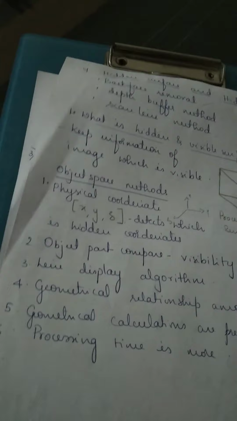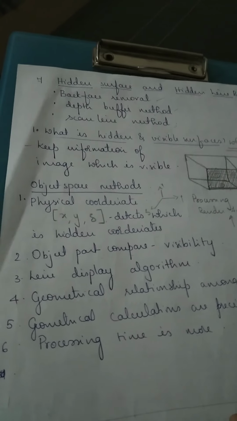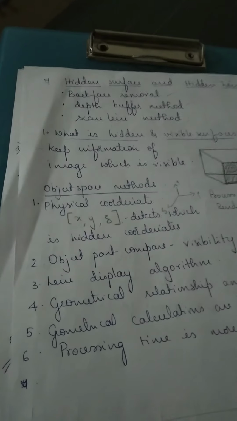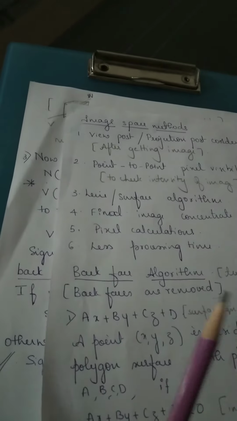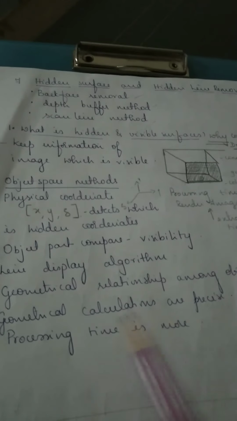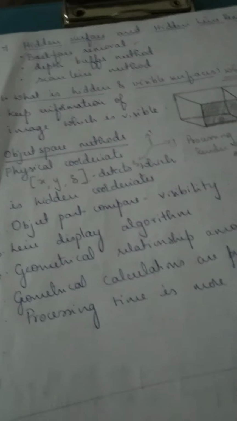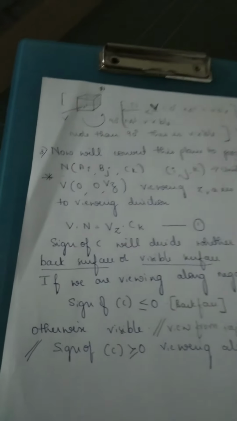In the object space approach, a line display algorithm is used just to display the border line, and in image space we use line and surface algorithms. Then the fourth point is that geometrical relationship among the objects is very important. Geometrical calculations are precise, and the processing time is more.